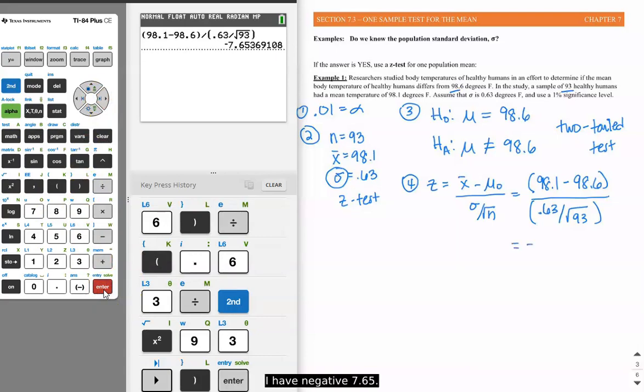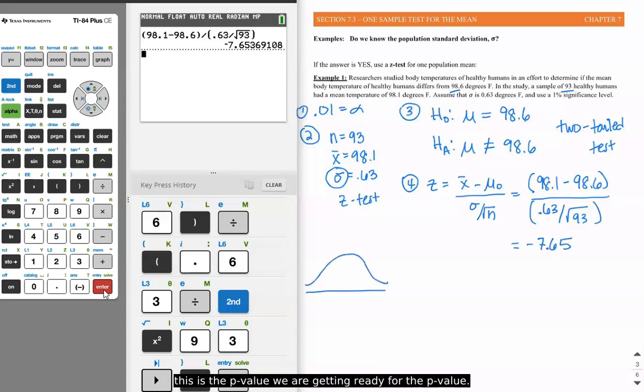So I have, looks like negative 7.65. So if I were to draw my picture, here's my little picture. All right, this is sort of the p-value, we're getting ready for the p-value. So my standardized test statistic, negative 7.65, that's way, way over here. It's actually quite small.